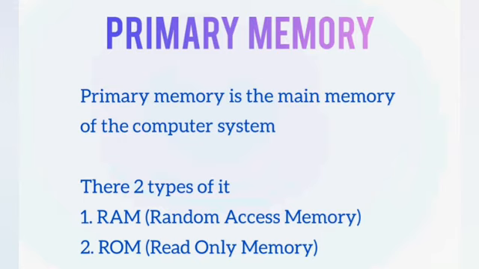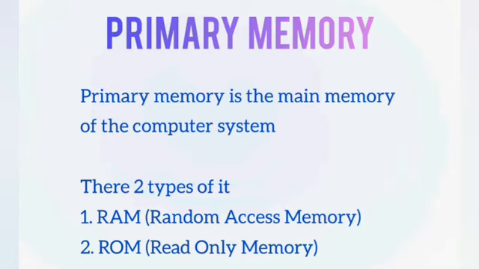Accessing the data from the primary memory is very fast, because this memory is stored inside the computer. The primary memory is volatile, which means data in primary memory does not exist if it is not saved when a power failure occurs.